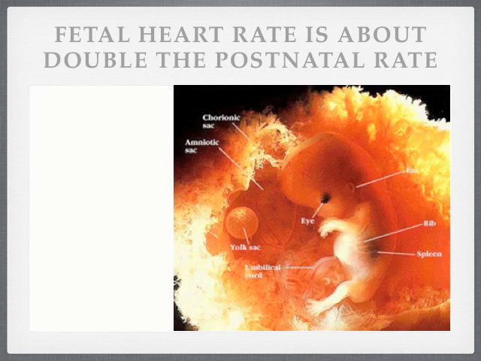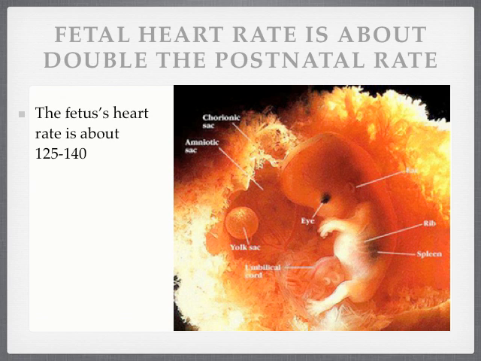Let's mention one more thing before we wrap this all up, and that is that the fetal heart rate is actually much faster than you or I. Fetal heart rate is almost double. I don't know if you know what the heart rate is for a child in utero, but it's somewhere about 125 to 140 beats per minute. And that's double the resting rate of you or I. And of course, that faster beating means that more blood is being pumped more quickly.